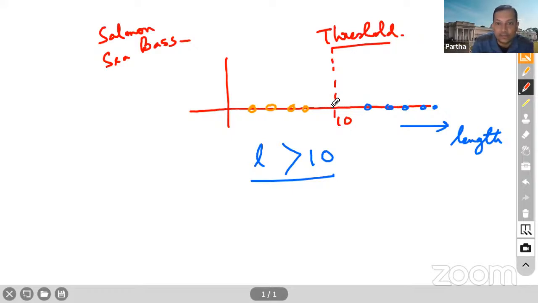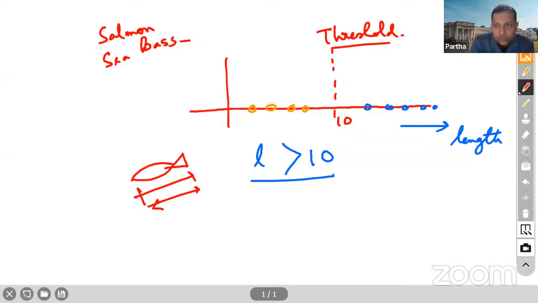If the length is less than 10, it will be salmon. This is also a simple automation, a classification. Given any fish, I just find out the length, say whether it is more than 10 or less than 10, and accordingly I make the prediction.